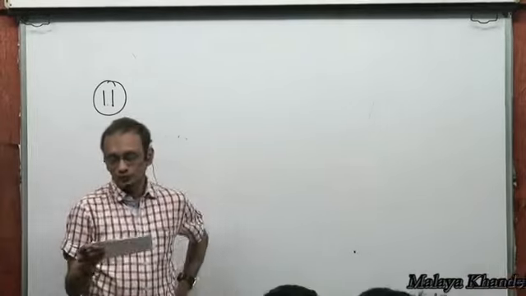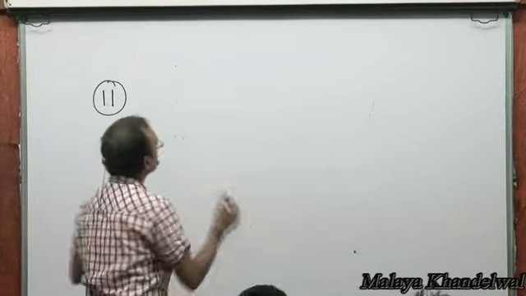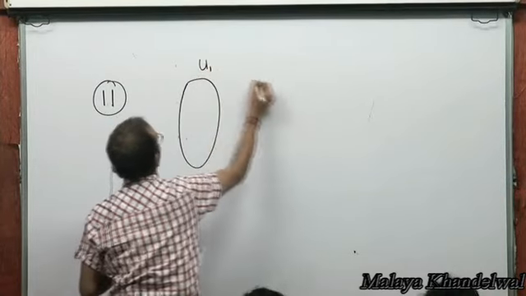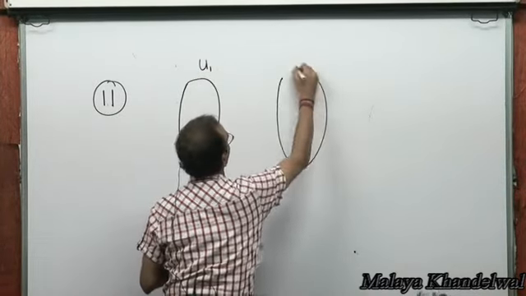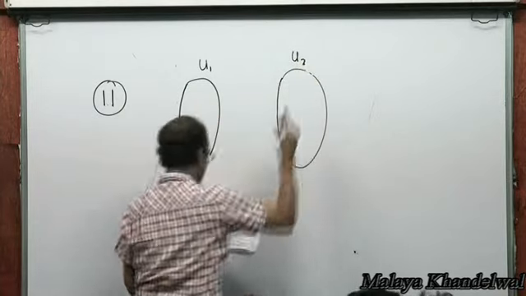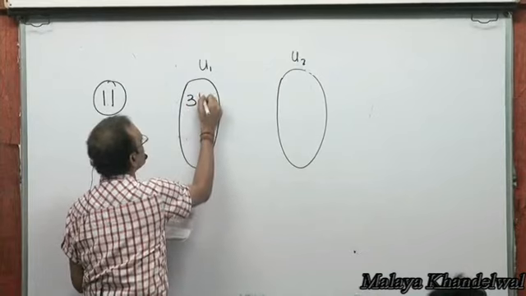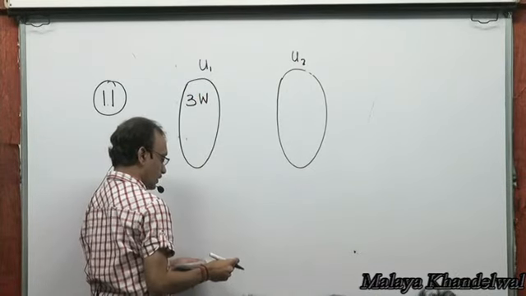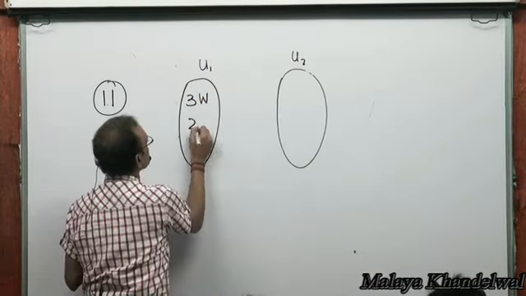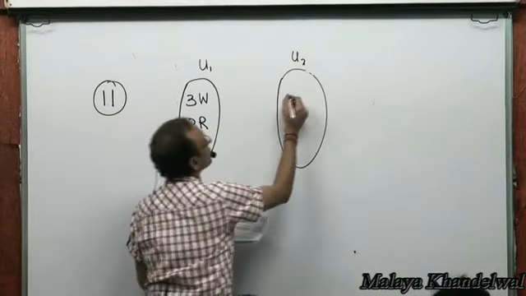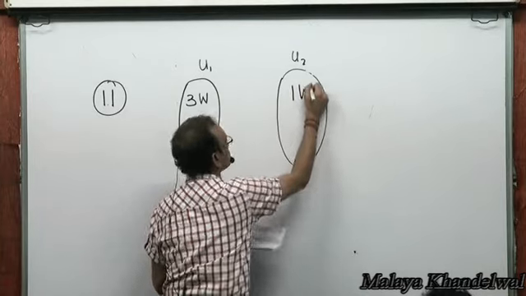U1 and U2 are two urns. So this is U1 and this is U2. Where U1 contains 3 white balls and 2 red balls, whereas U2 contains only 1 white ball.